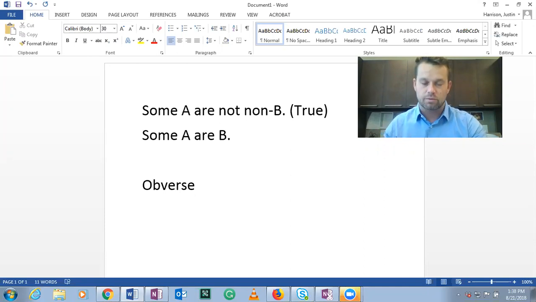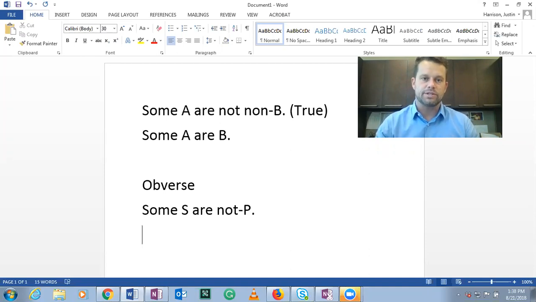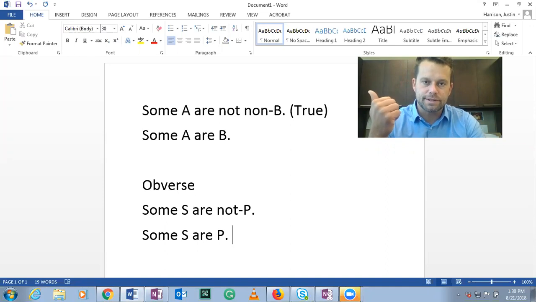The second thing we need to do is change the quality. As I said before, the first statement is some S are not P. To change the quality, we change that to the affirmative statement, which is some S are P. So that's step two. First, maintain quantity. Second, change quality.